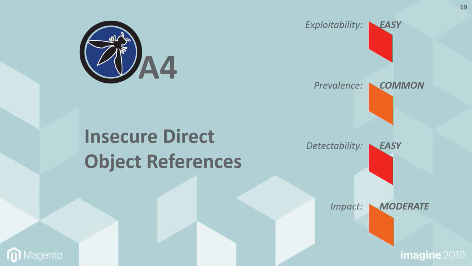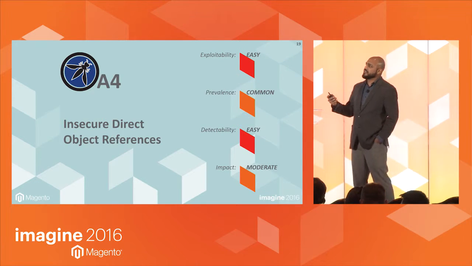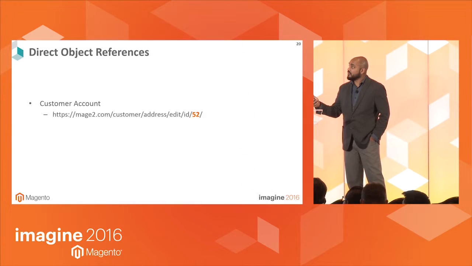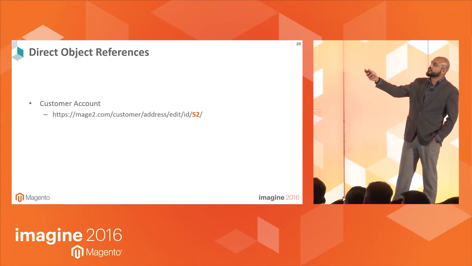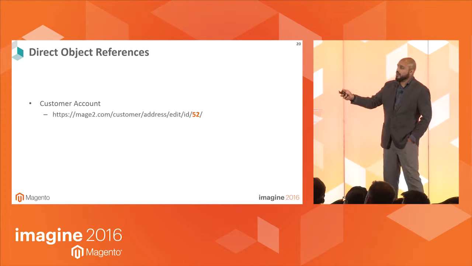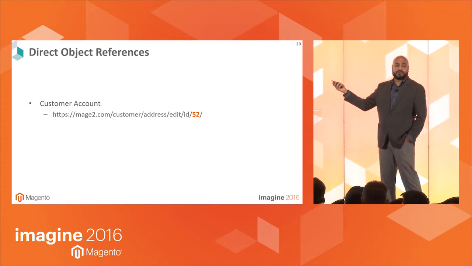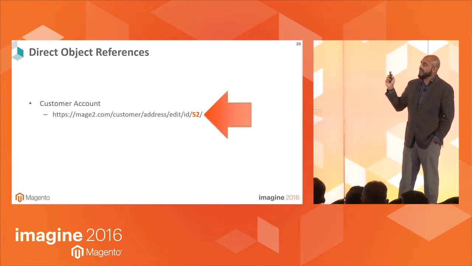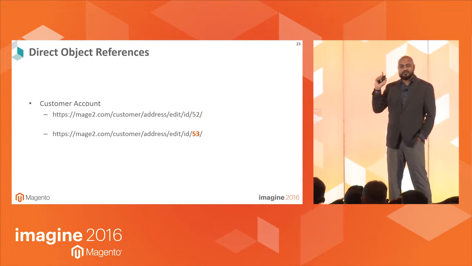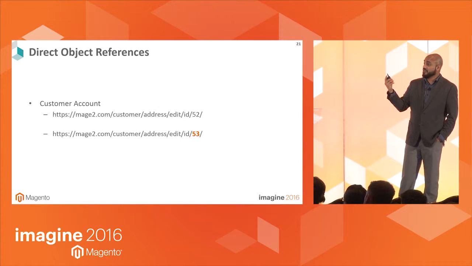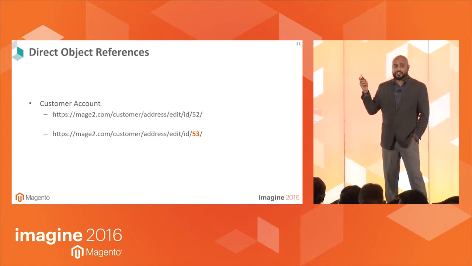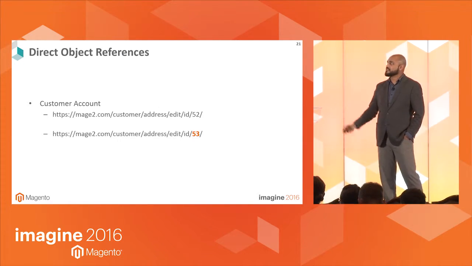Insecure direct object references. How this works is, let's say we have a URL. Some of you may recognize this: Magento 2, you're editing your address. Obviously, your address here is 52. The address 53 may not belong to you, but if I change that URL in my browser, I should not be able to access any details of this address.